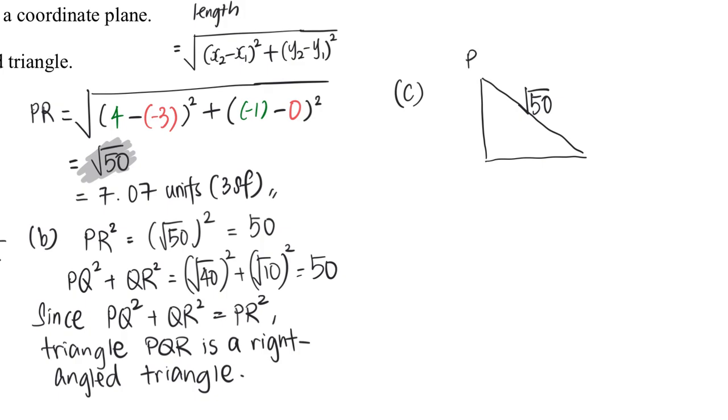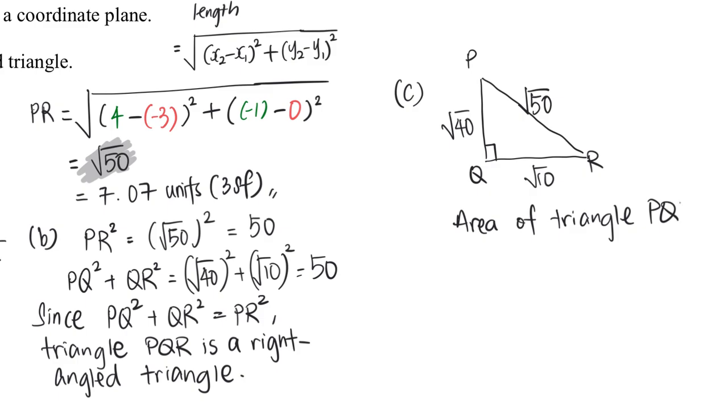So if this is P and R and Q, PQ would then be square root 40, QR square root 10, not drawn to scale. And with this, I would then be able to find the area of this triangle PQR, simply half times base times height.